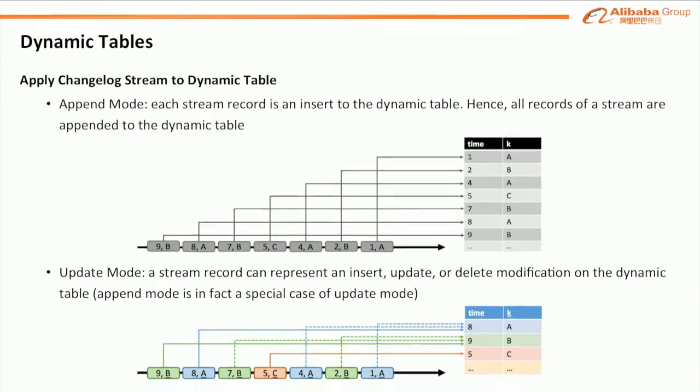And in some other cases, it may become a delete operation on the dynamic table. So with this apply operation, the dynamic table is connected to the stream of changelogs.